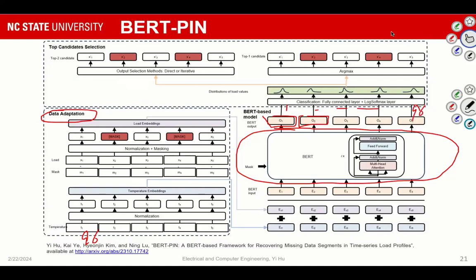Each one, when it goes through a softmax layer, becomes a probability distribution. The probability is the probability of the value.